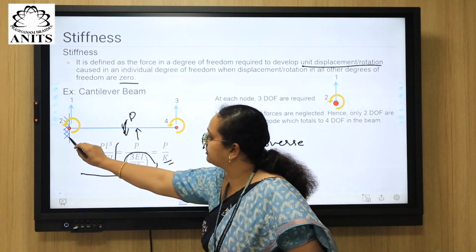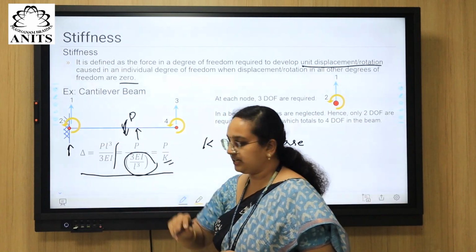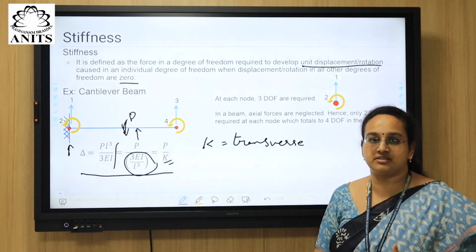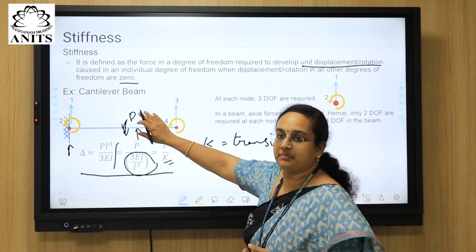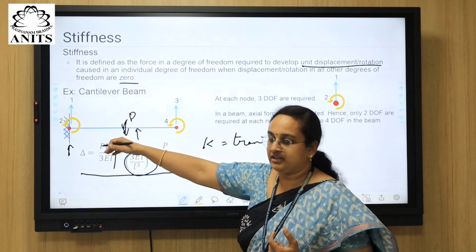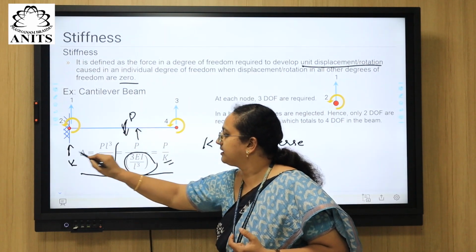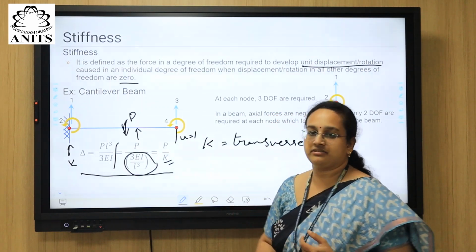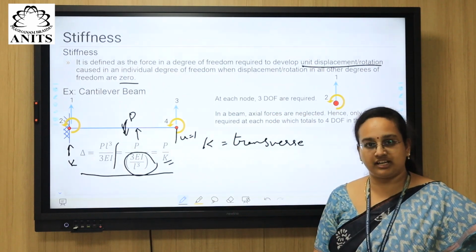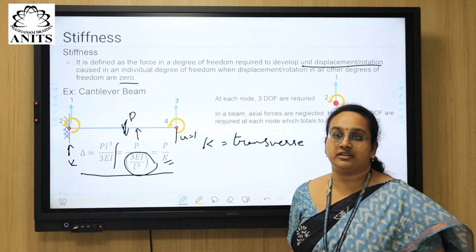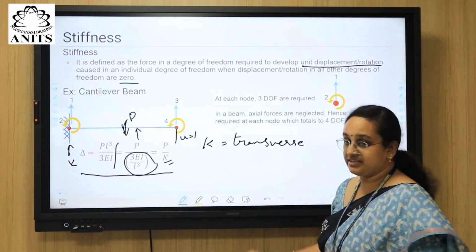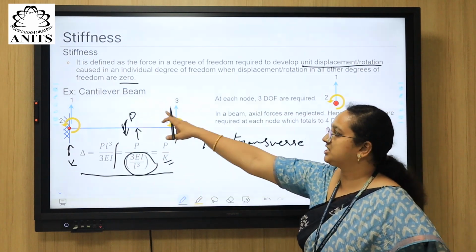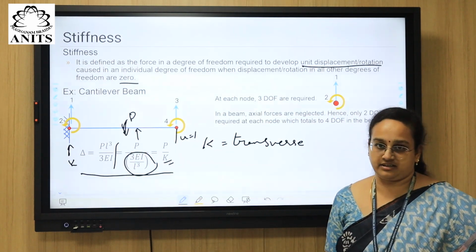It may not be at the center, but whatever parameter is responsible for resisting this load is nothing but K, such that the displacement here is 1 unit. It can be mm, centimeter, or meter, but it is 1 unit. So that is called stiffness, but this stiffness, whatever we have defined, is in the transverse direction, not in the lateral direction.